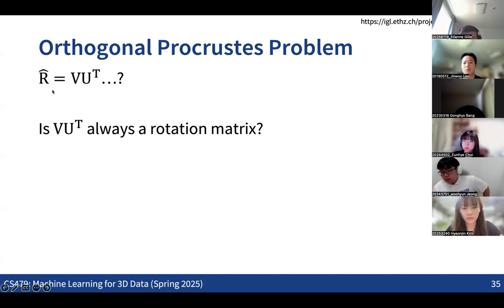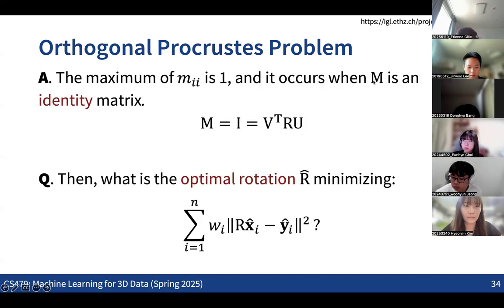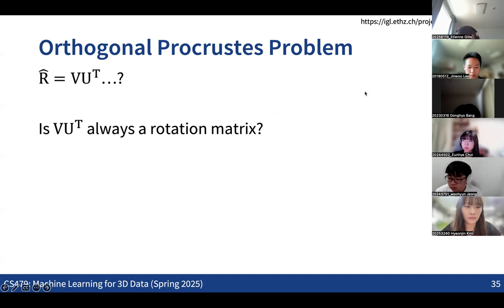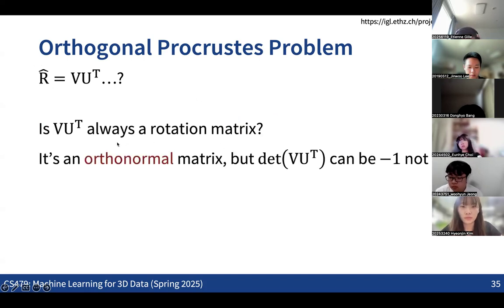The problem is that this is only the case when we know that M is an orthonormal matrix. But actually there are some cases where V times U transpose may not be a rotation matrix, because we know that V times U transpose is always an orthonormal matrix, but its determinant may not be +1. There can be a case where it is actually -1 as well. So that's the problem.